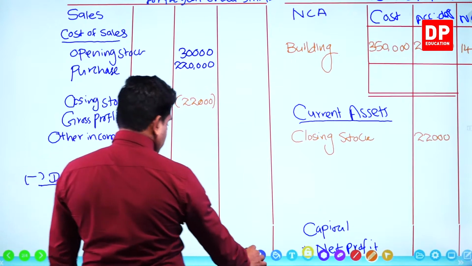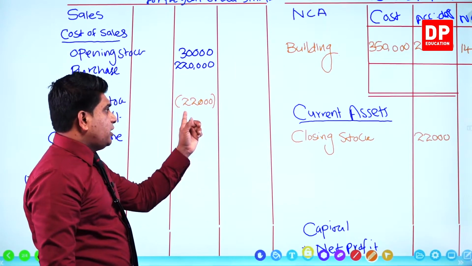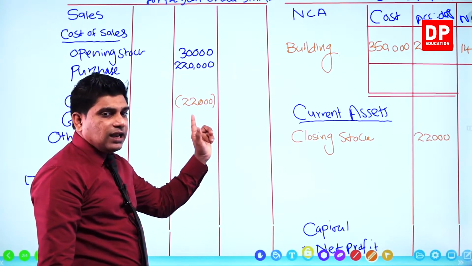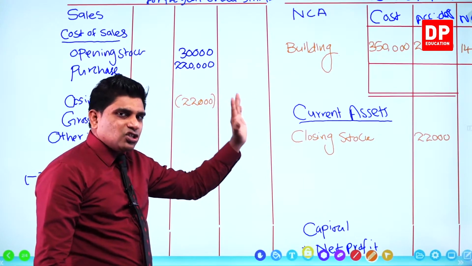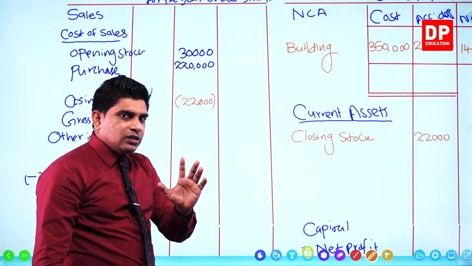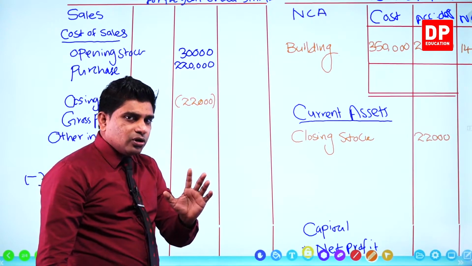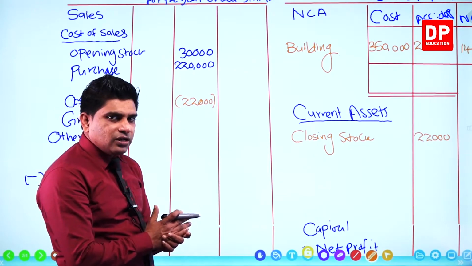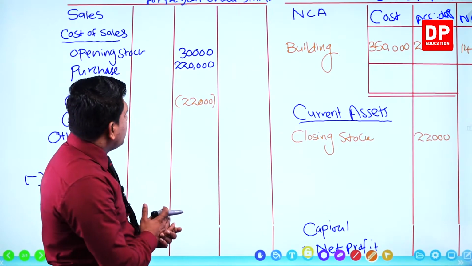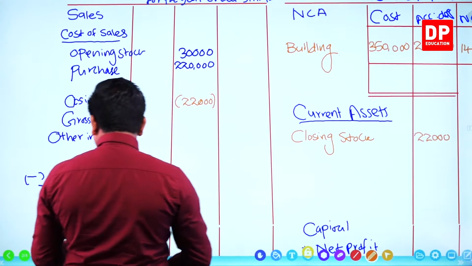Now you go to the next, but I use a separate color to mention the adjustments. It will be helpful for you to identify separately how I did the adjustments, right?